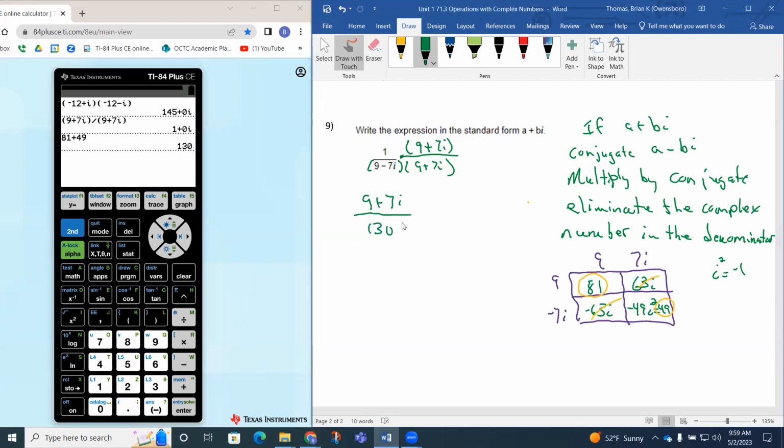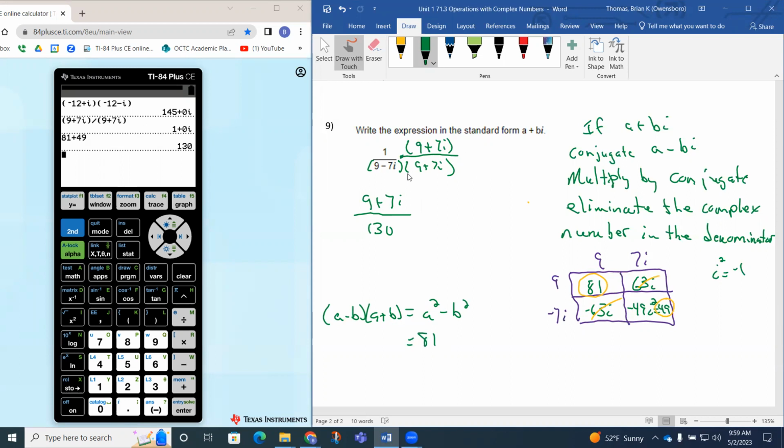So again, notice really all you're doing is using the difference of squares. If you have a minus b times a plus b, remember all it's going to be is a squared minus b squared. So really all you're doing is going 9 times 9 is 81.